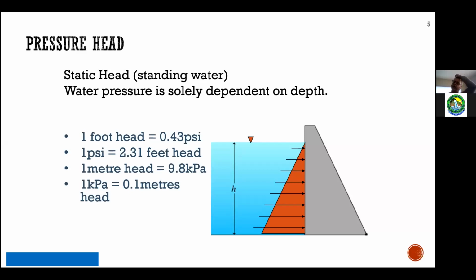So imagine, and we'll talk a little bit more about this when we look at hydraulic grade lines, but what we are doing when we deliver pressurized water through a distribution system is designing the system so that it has adequate amounts of pressure.